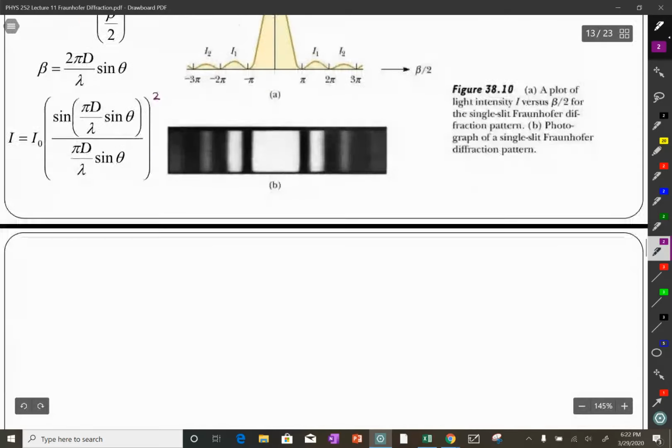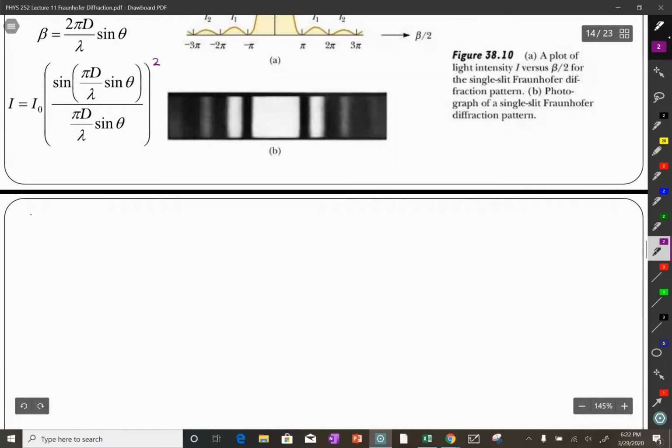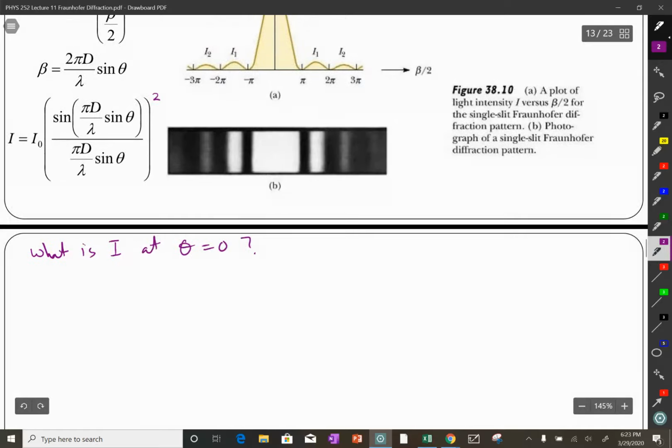Now there's a couple important things. Important thing number one: what is intensity at theta equals 0? If we look at this equation, I have intensity is equal to I0 times sine of 0 over sine of 0 quantity squared.